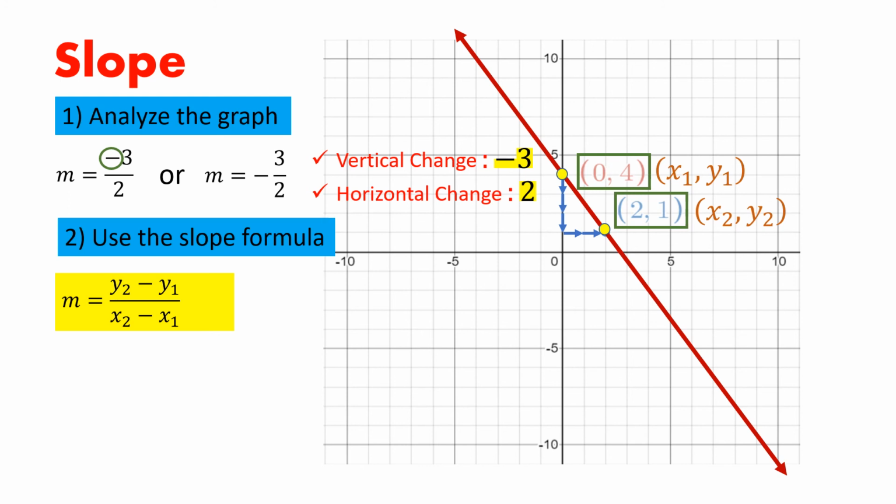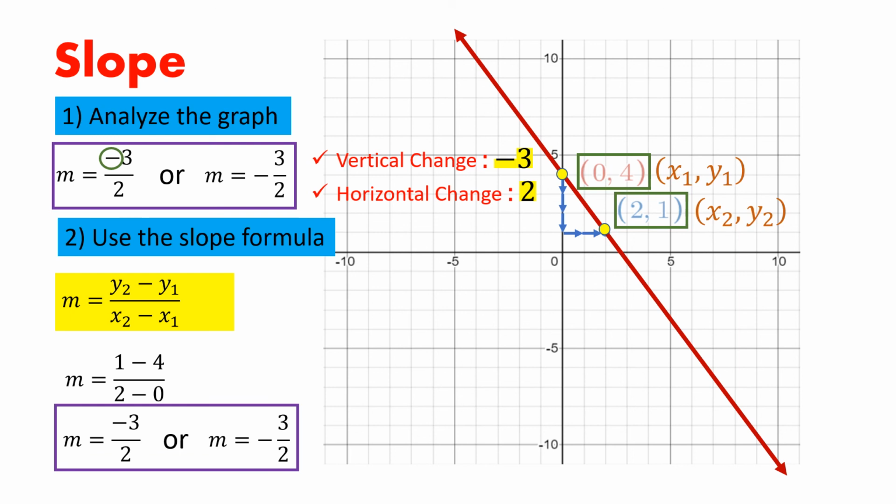The slope would be equal to 1 minus 4 all over 2 minus 0, or -3 over 2. Moreover, it can also be written as -3 all over 2. So regardless of which method we use, the slope is going to be the same.